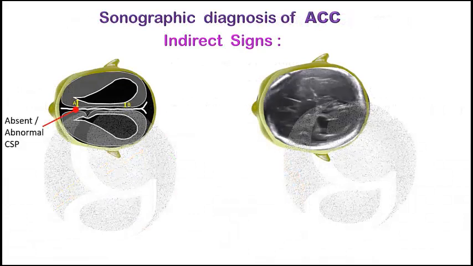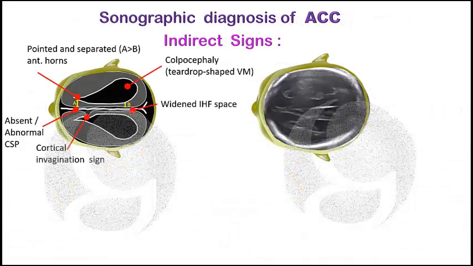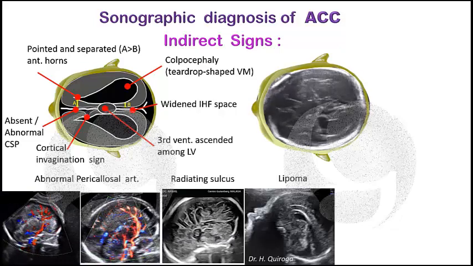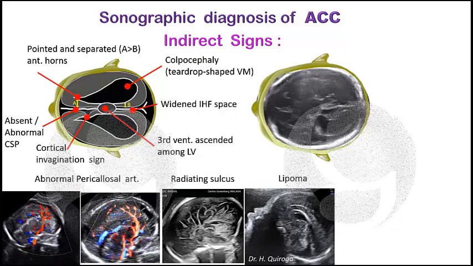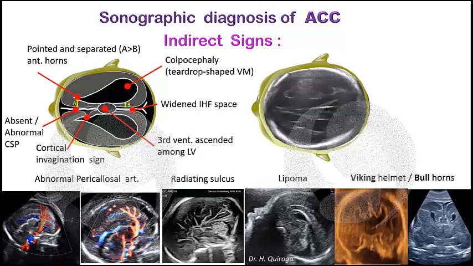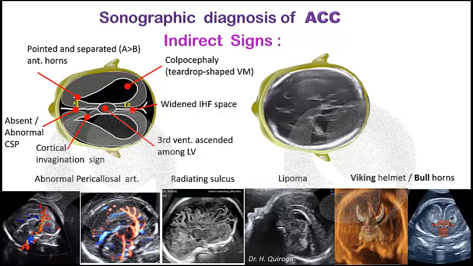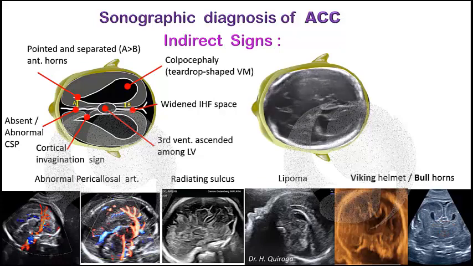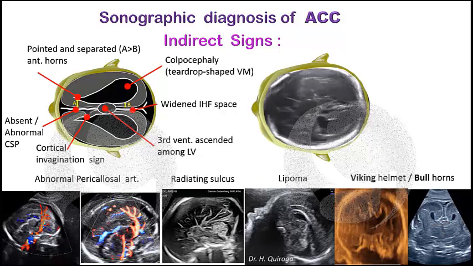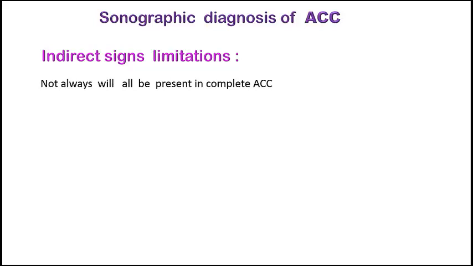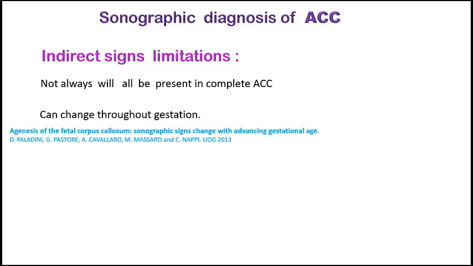Moving to the sonographic diagnosis of corpus callosum agenesis, several indirect signs have been described, not only in the axial planes but also in the sagittal and coronal views. The problem with the indirect signs is that they are good to identify a complete agenesis, but they have some limitations because not always will all be present in a complete agenesis.